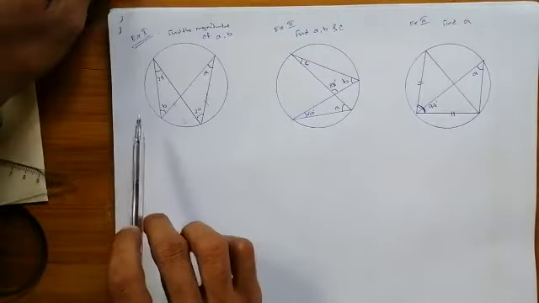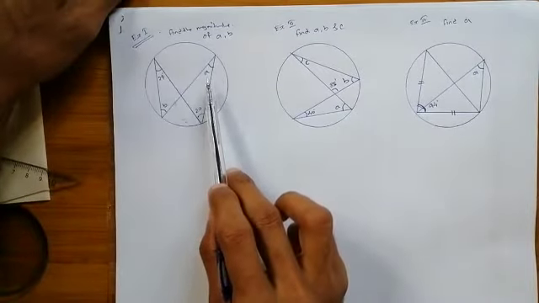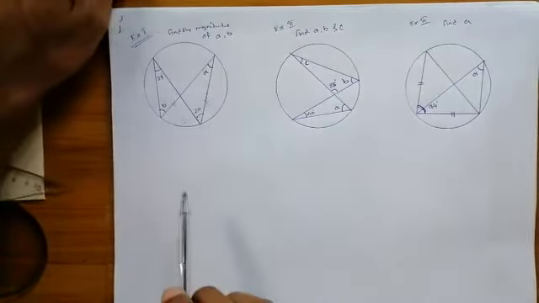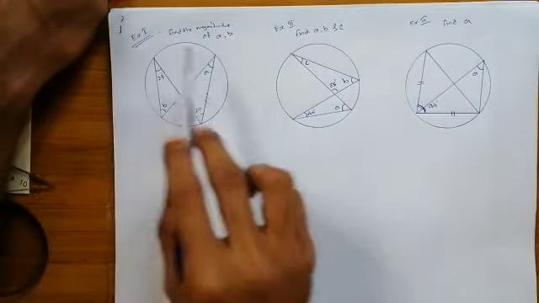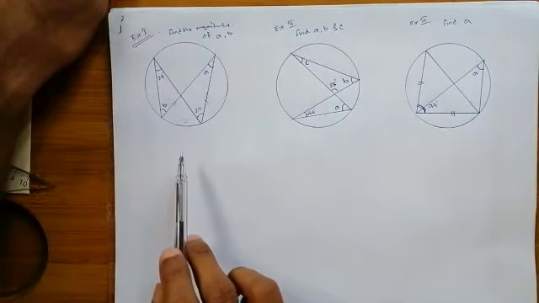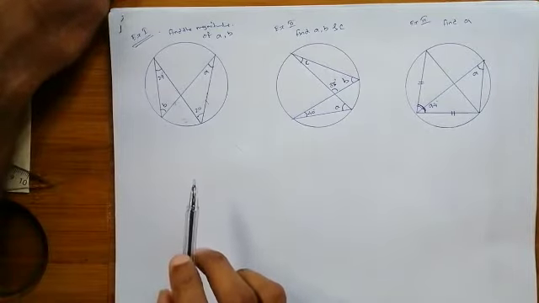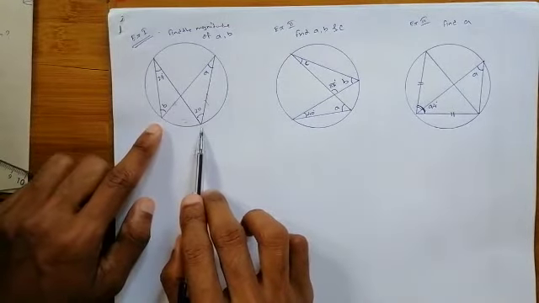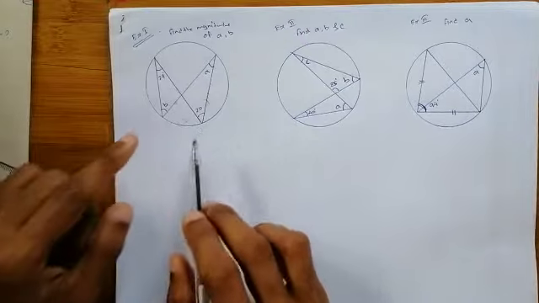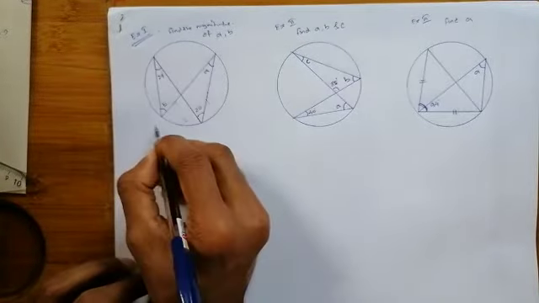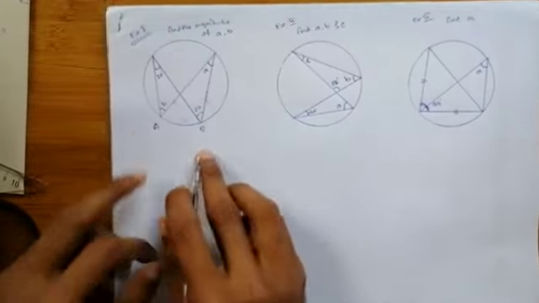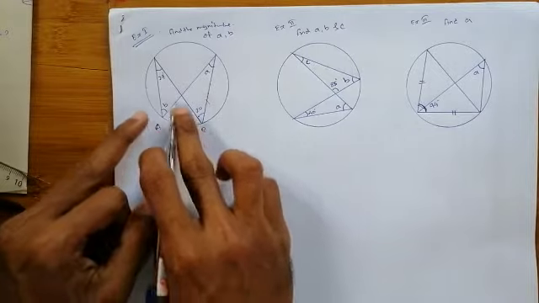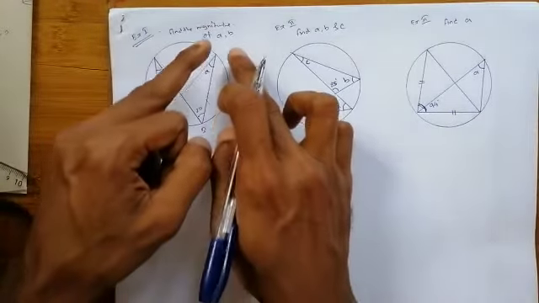Okay, first example question, we have a figure with unknown terms a and b. Find the magnitude of a and b. If you look closely at the figure, there are some angles subtended by the same arc. The name of this arc is not given, but for the explanation I'll name the points A, B. Now you can see arc AB creates an angle here and the same arc creates an angle here.